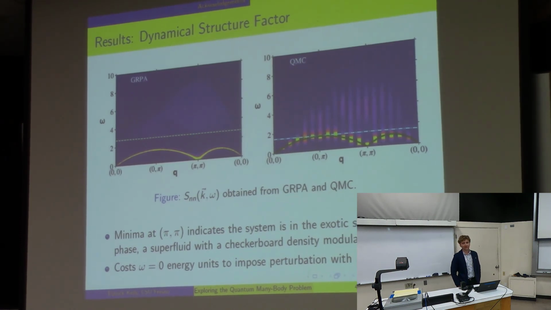So Cooper pairs are essentially excitons, like phonons, or are they? Well, I think they're quasi-particles, right? Yeah, Cooper pairs are quasi-particles and phonons are quasi-particles. But for this system they are already in the ground state.